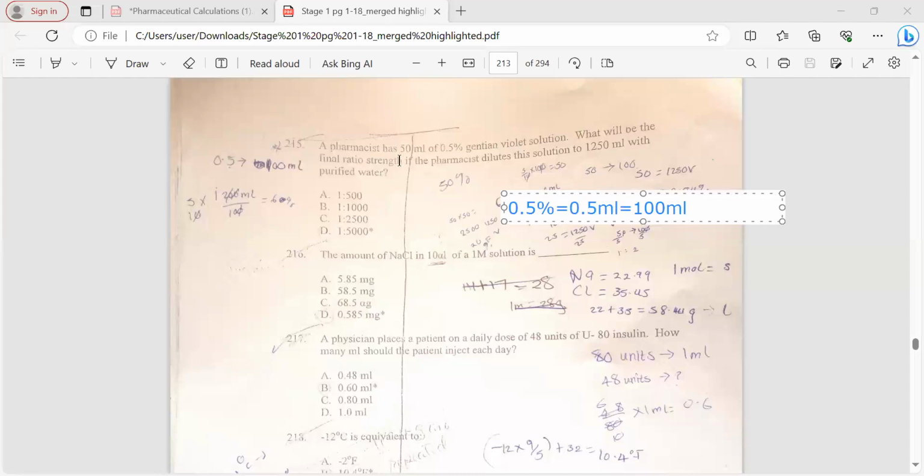Yes, but this pharmacist has only 50 ml of this solution, so he has half of this one. So he will have 0.25 ml. This 0.25 ml is what he diluted to 1250.